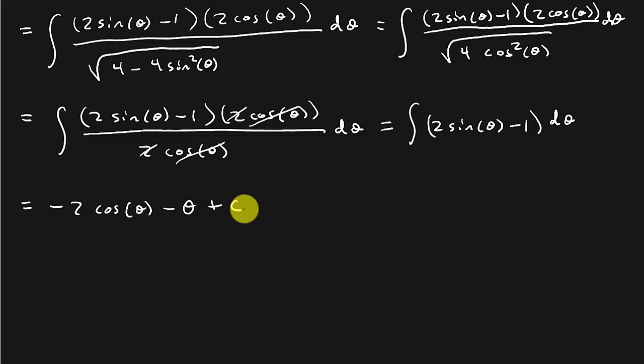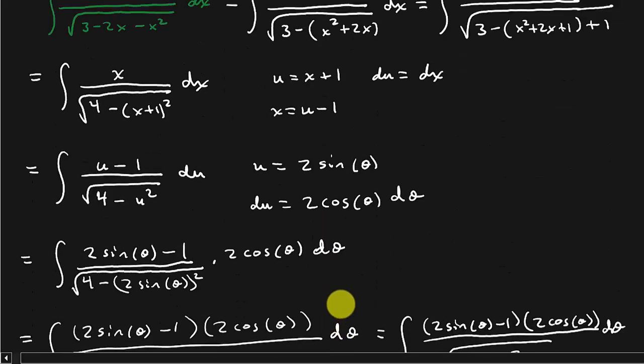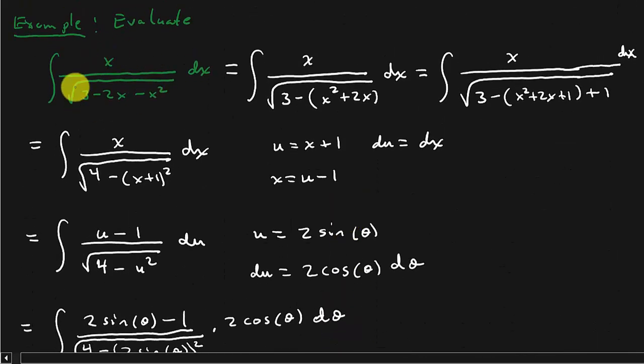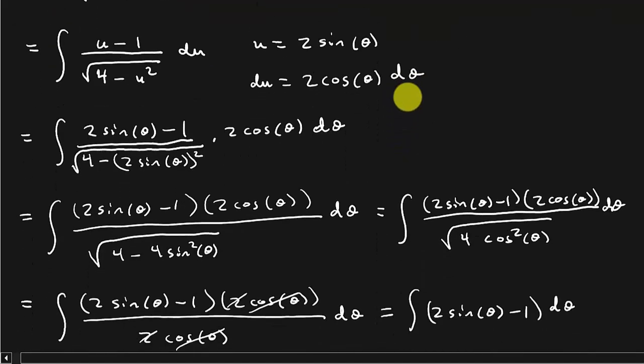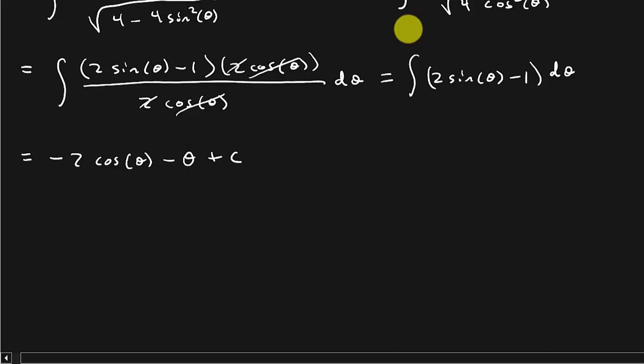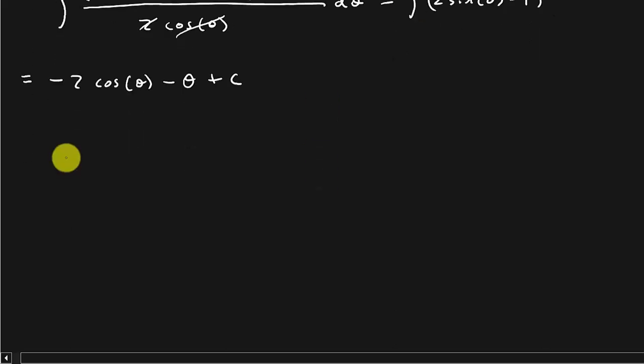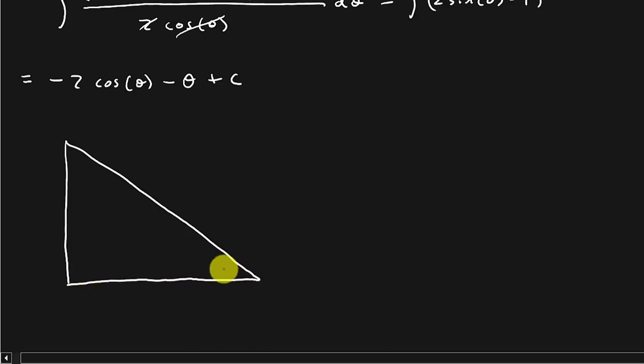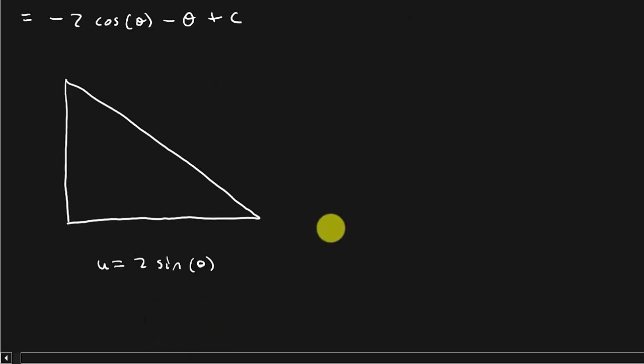All right. So don't forget, our problem is in terms of x. So I've got to get everything back in terms of x. Well, this is my substitution. u equals 2 sine theta. So let's draw our triangle. u equals 2 sine theta, not x, u.